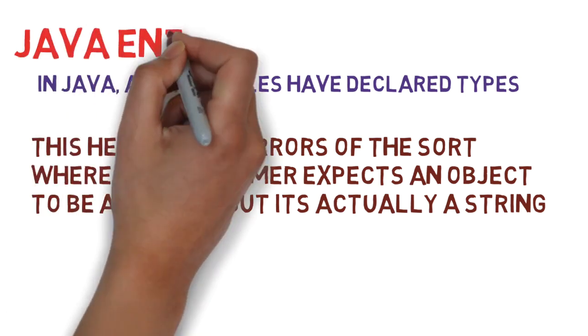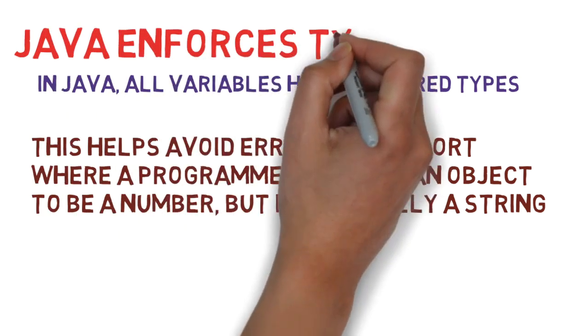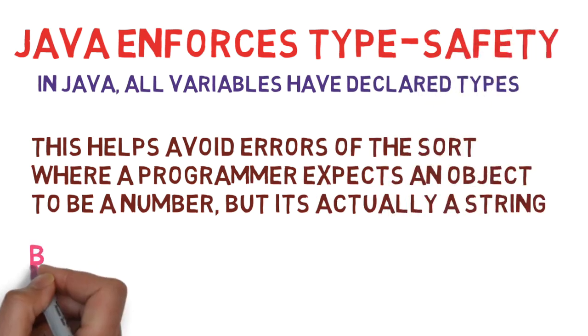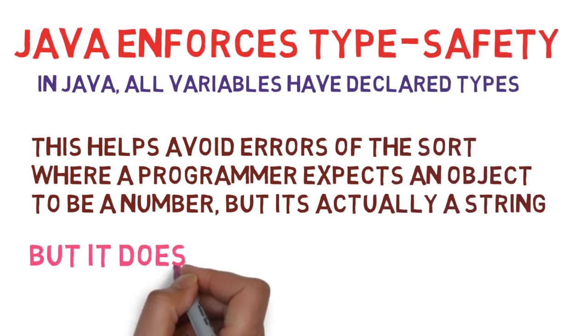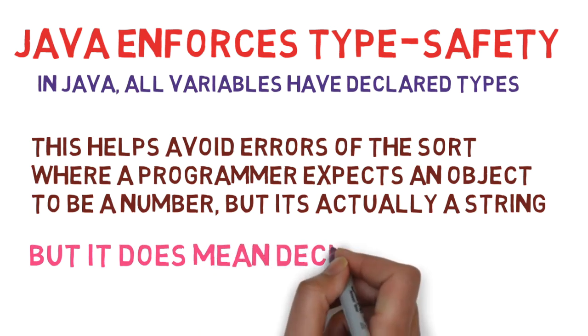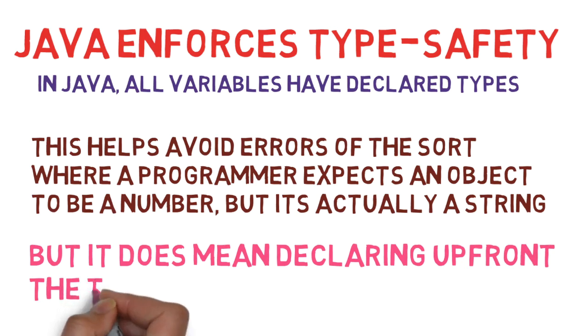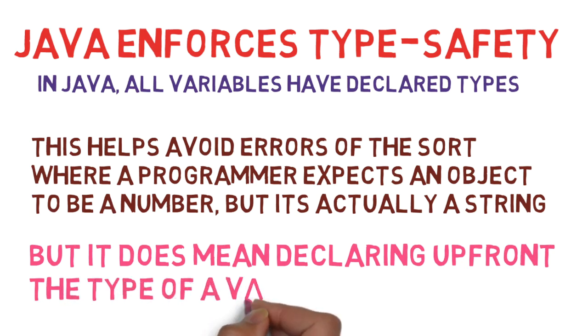But what it also implies is that we have to declare upfront the type of a variable and also the type that a particular collection holds. This is required in order to ensure the type safety for all objects in a collection and also allow Java to enforce its type safety on types as well as the collection.